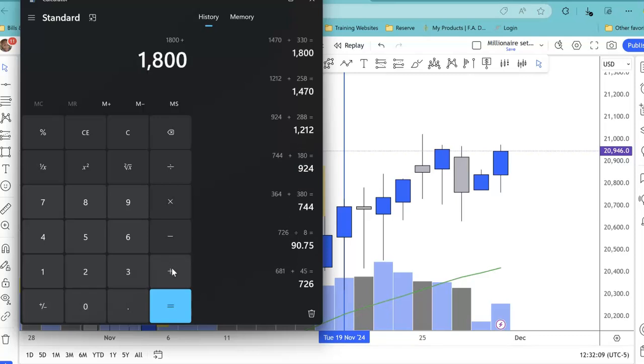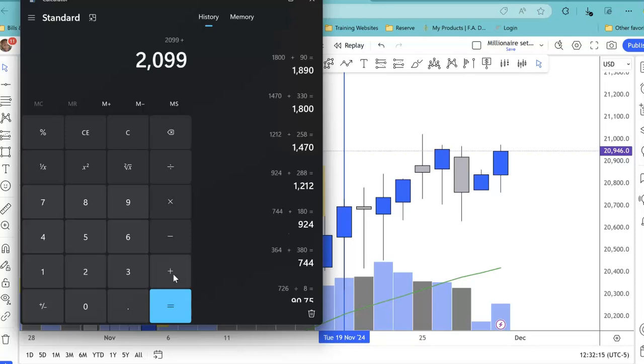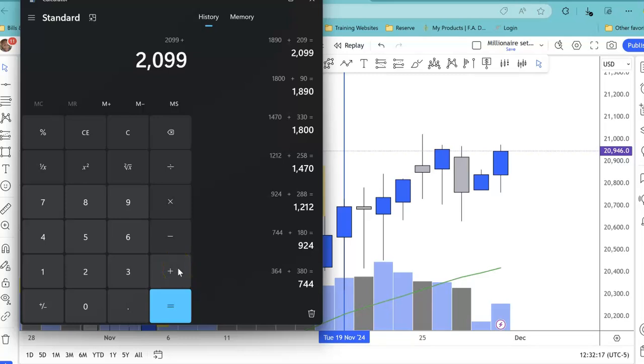Okay, we're going to keep going. 90 and 209. So in 8 days we totaled about 2,099 pips, okay? All 8 days.